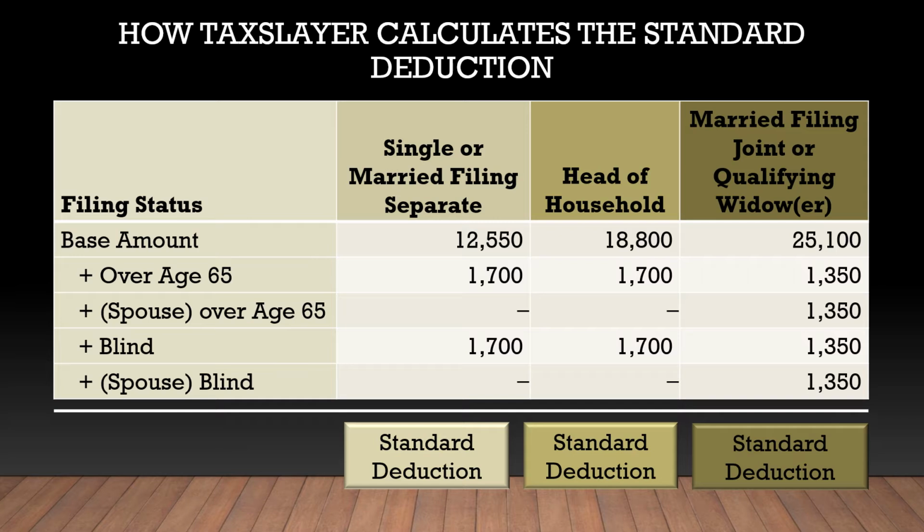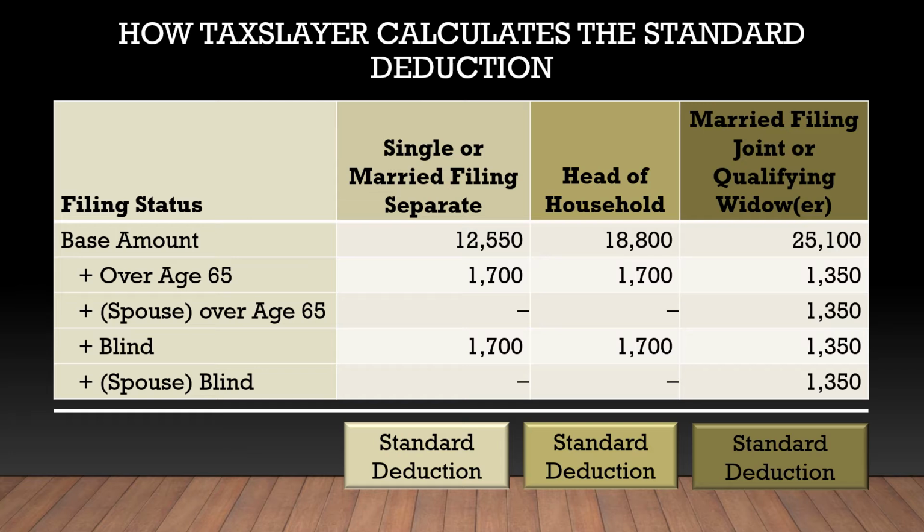Now, if the taxpayer is over the age of 65 and they're single or filing head of household, they get an extra $1,700 added to the base amount. For married filing joint, the added benefit is a little bit less. They get $1,350. But if they have another spouse that's also over the age of 65, they get $1,350 times 2 added to the base amount.